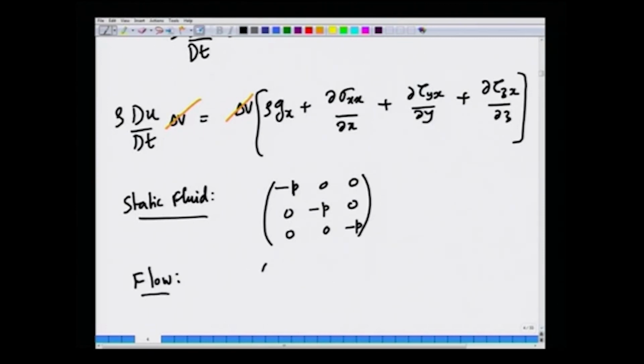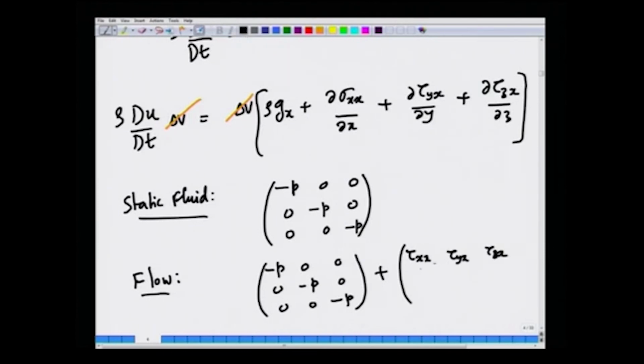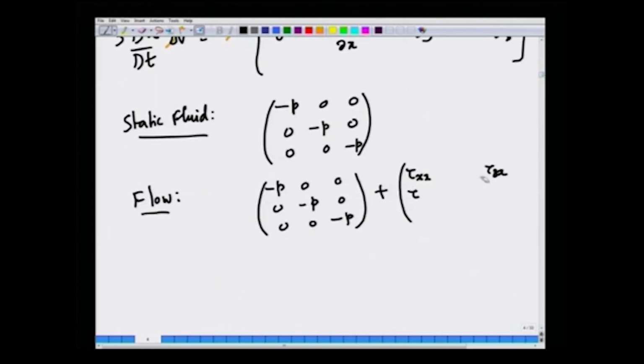under flow, we want to write the stress tensor as this, which would be the case if the fluid were to be static, plus stresses that come up because of the viscous resistance of the flow of the fluid. So, this is written as this is x y.